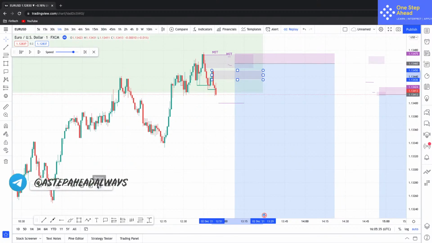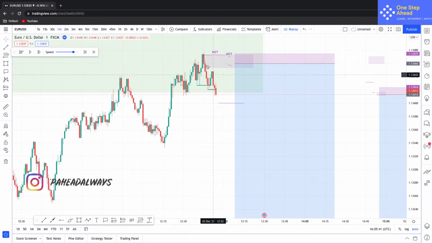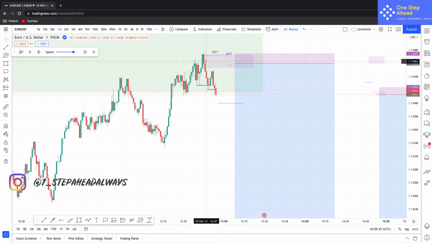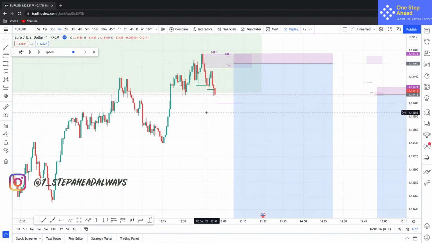But I went for this one because there wasn't any mitigation, as well as there is an imbalance here. So that was more probable, and I wanted to confirm that point of interest again, because this is not an order flow. If there is no order flow, there is no trade. We're not going to take a trade if there is no order flow, right?